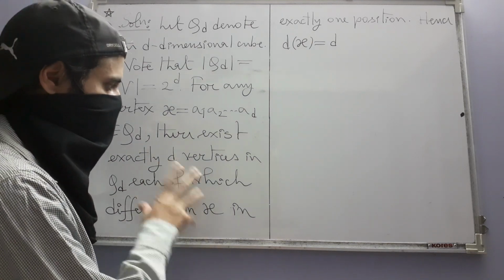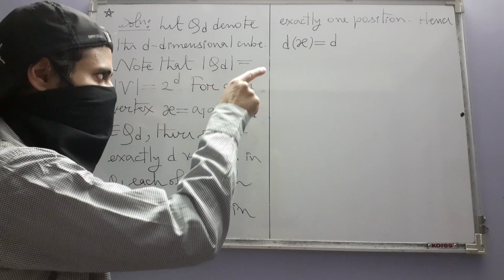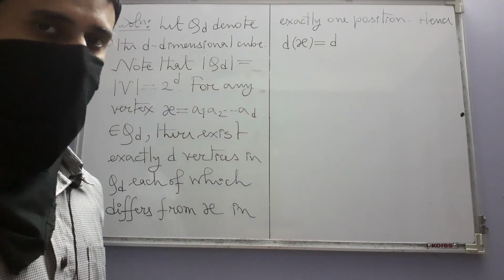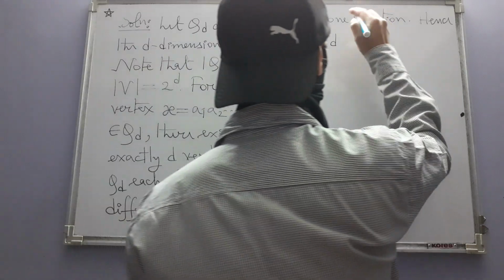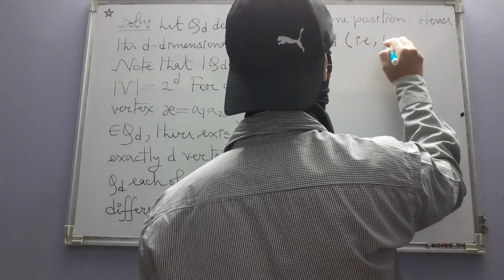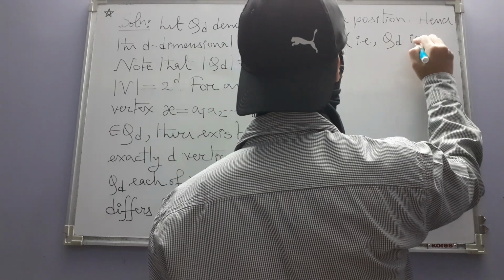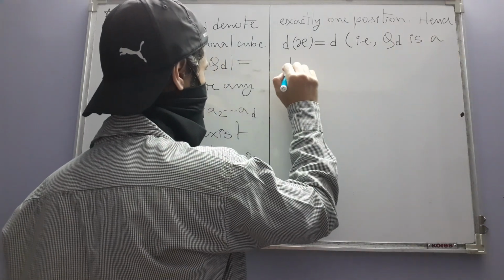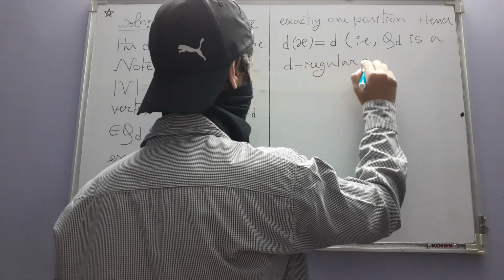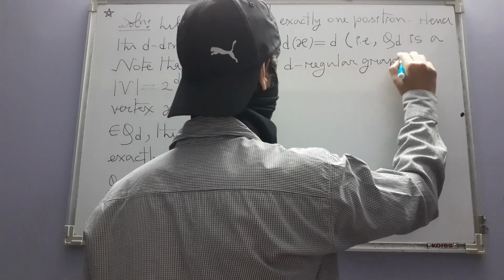So that means all the vertices in QD must have degree exactly d, which means that QD is a d-regular graph. Let's mention that this is a d-regular graph.